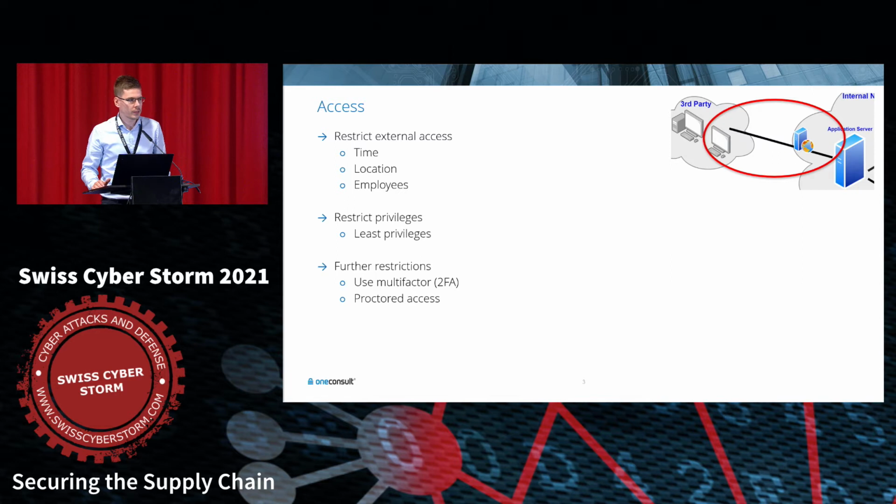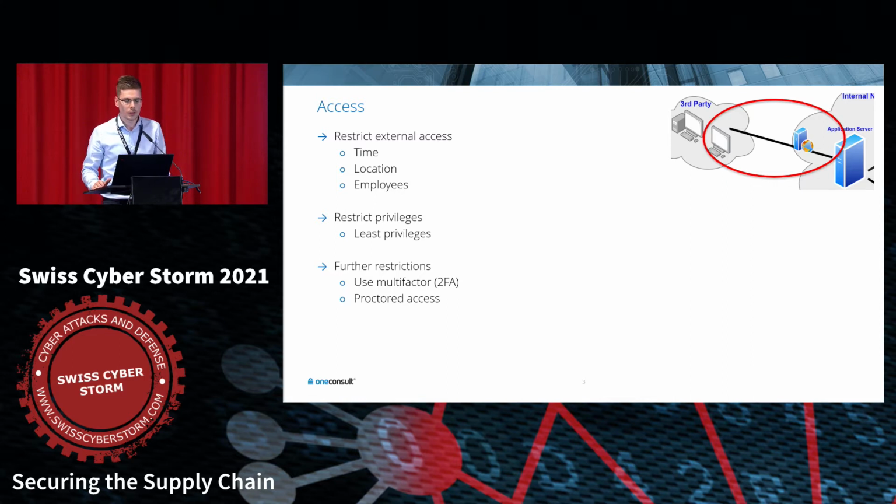We can also restrict the privileges, so we should use the least privileges as possible. This means if the third party only needs access to this application server, they should also only be able to log in to this server and not to any other server.